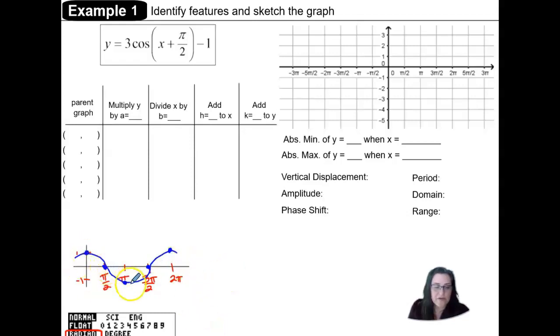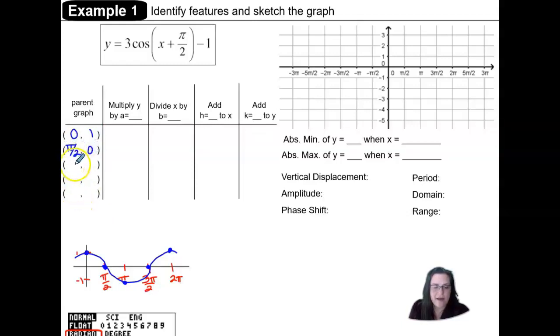So we can use those 5 anchor points as the points that we're going to transform in our table. We're going to start with our y-intercept of (0, 1). Then our first 0 is (pi over 2, 0).